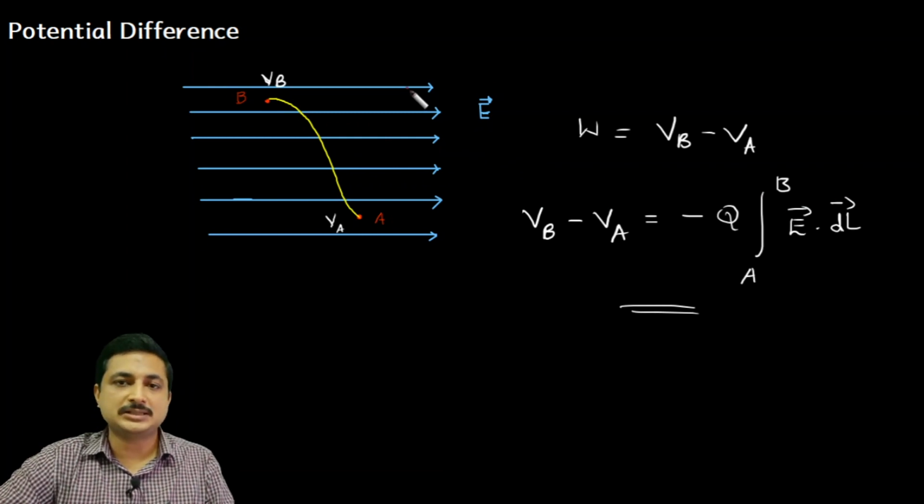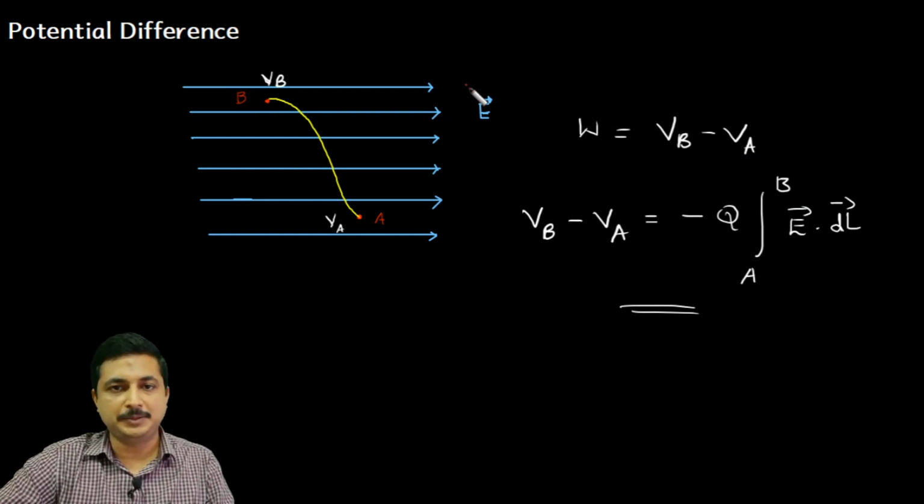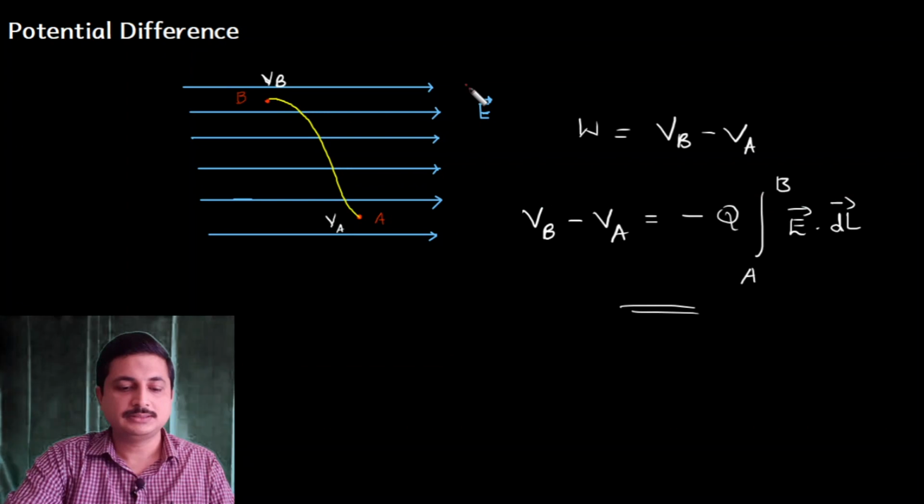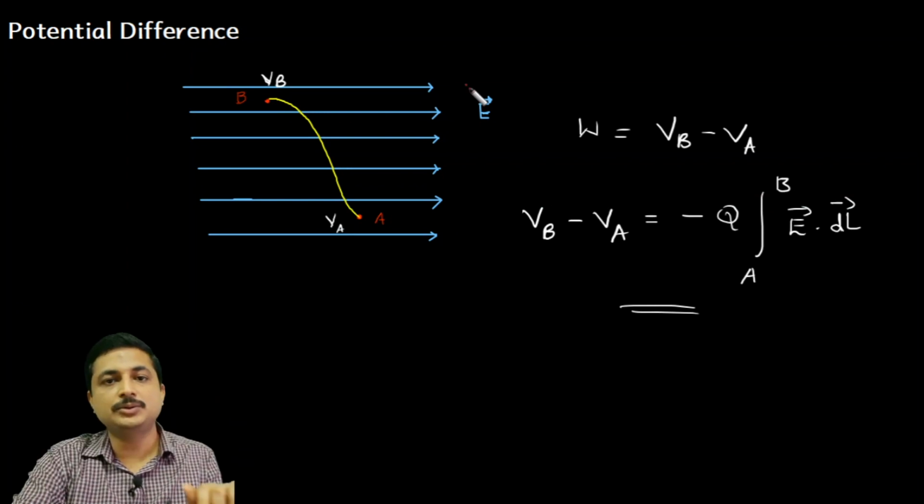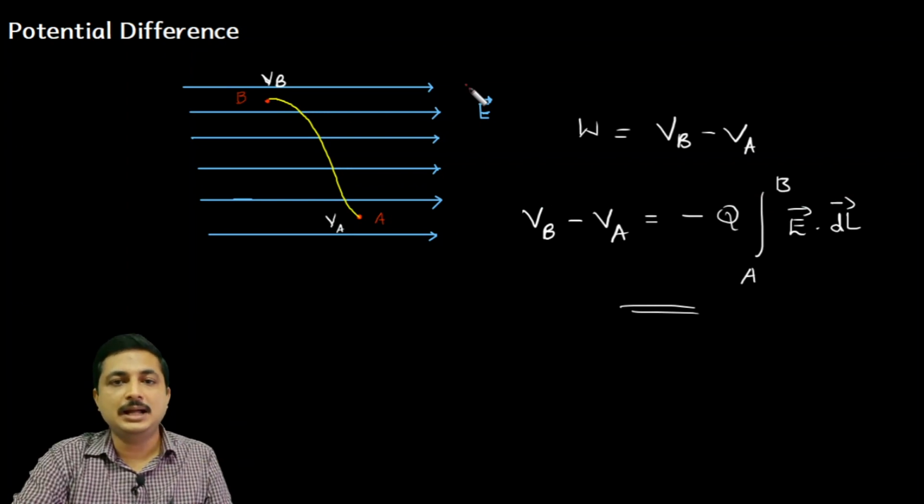So energy expended in the form of an integral, when we write it mathematically for a large path, for a large field, for a non-uniform field, we understood how to express the work done mathematically, and we also discussed how to extend this idea for expressing potential difference.